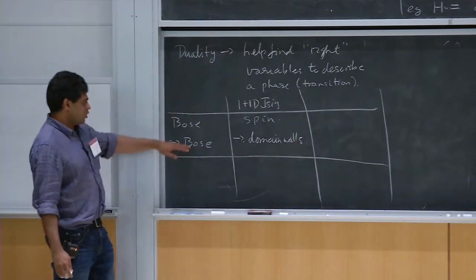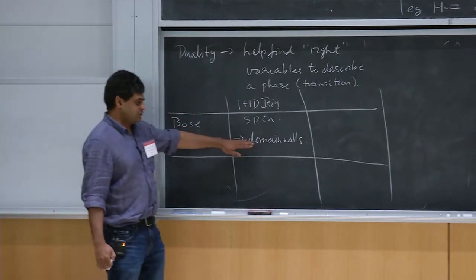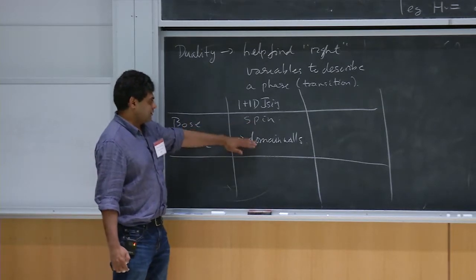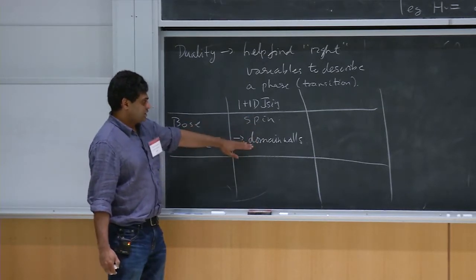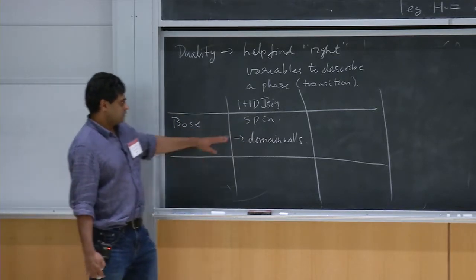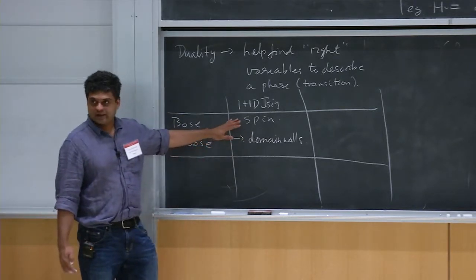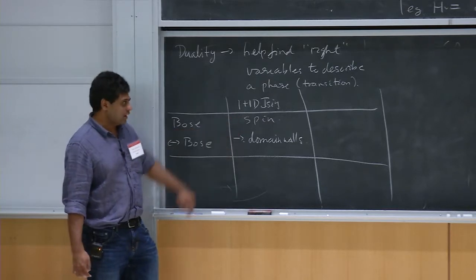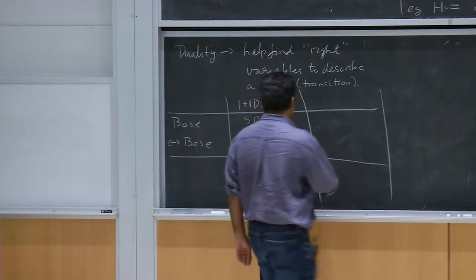It can turn out these domain walls are also bosonic degrees of freedom, if you like, and interestingly, in the 1+1 dimensional case, the two theories will look essentially identical. So there'll be a self-duality whether you describe it in terms of spins or domain walls.